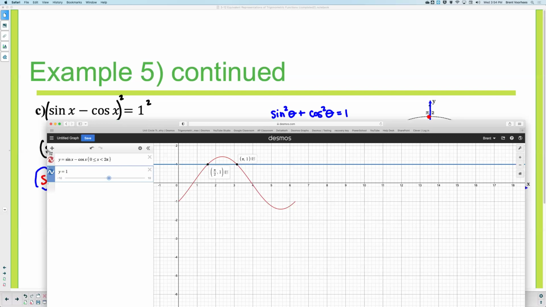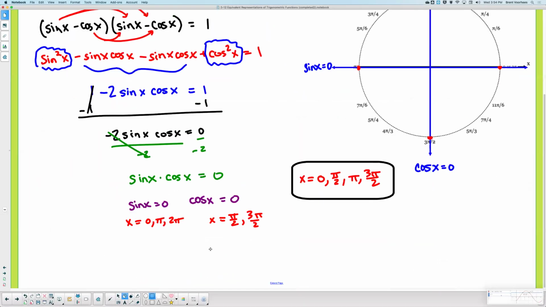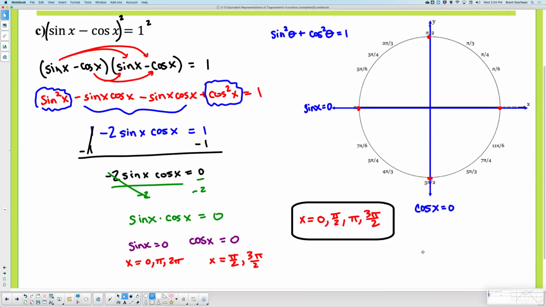My other ones would be extraneous, which just means mathematically we thought they should work, but they actually don't. Whenever you square, usually you create double the answers. So 0 would be extraneous, and 3 pi over 2 is extraneous.